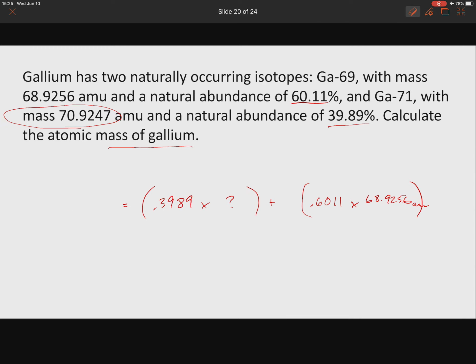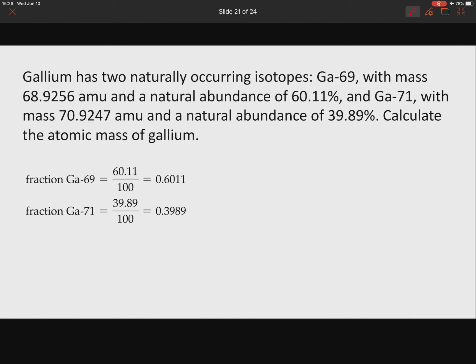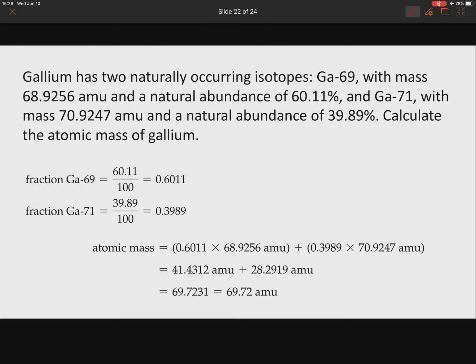Here we are finding out what the mass is, and so we just need to fill in the numbers that go here. 70.9247 AMU. So if you do these, I think I have it already here for us. If we divide by 100, we get the decimal percents. If we plug in those decimal percents and their masses into the equation, we get 41.4 for the first number, 28.29 for the second number.